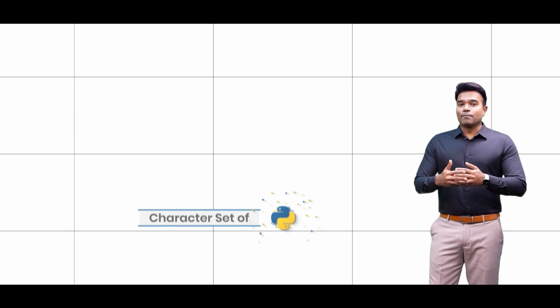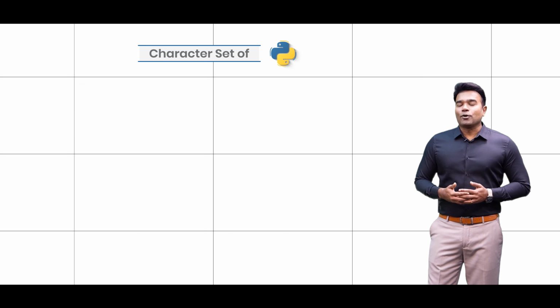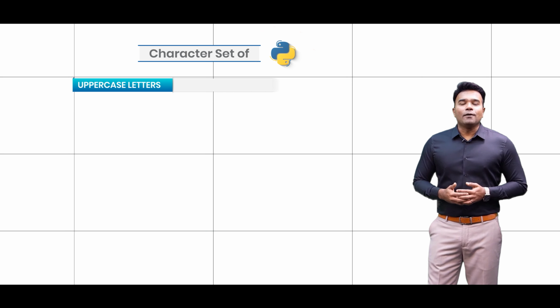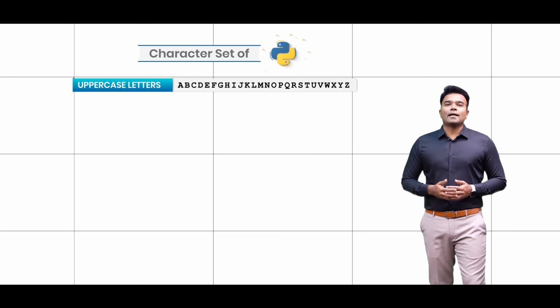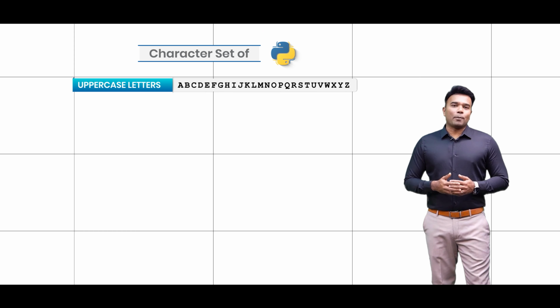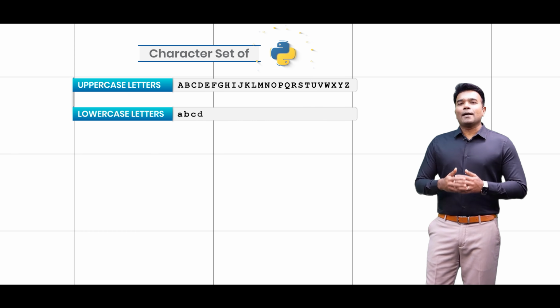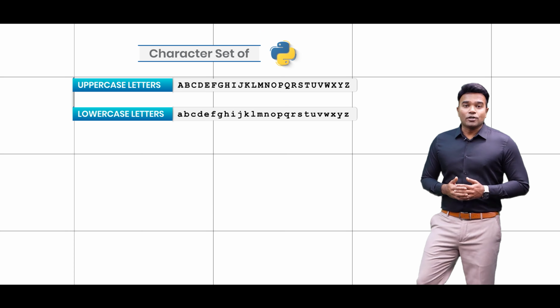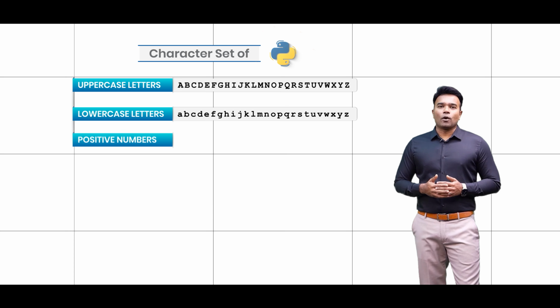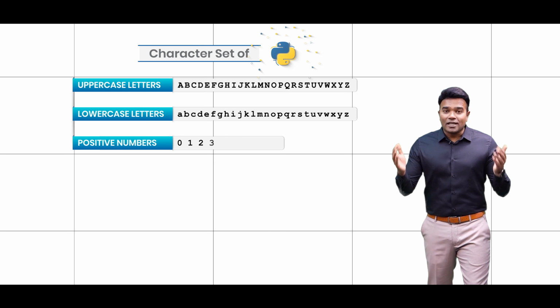Let me explain. Python's character set, similar to English, has all of the characters from A to Z. Yes, but then not only are the uppercase characters a part of the character set of Python, the corresponding lowercase characters also happen to be a part of the character set of Python. Well, not just this, the character set of Python also has numerical values like this.